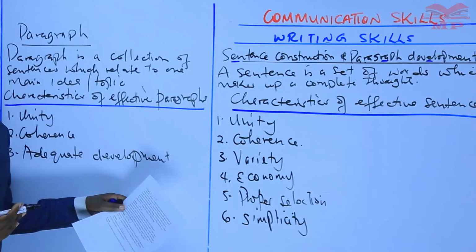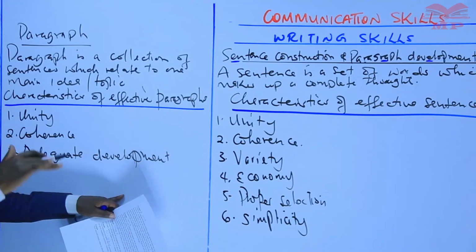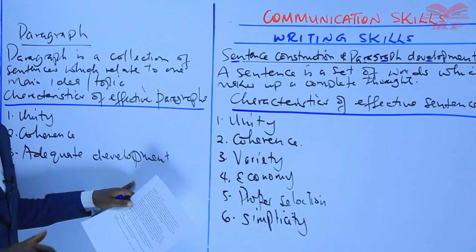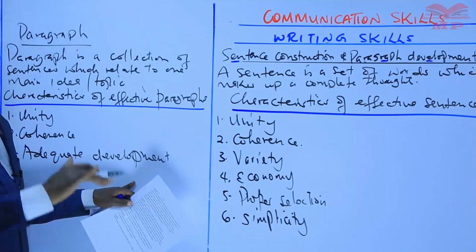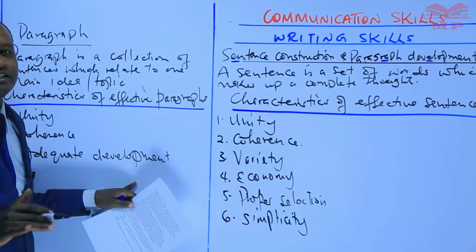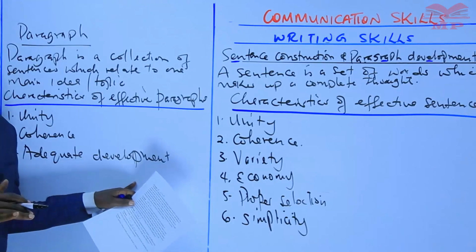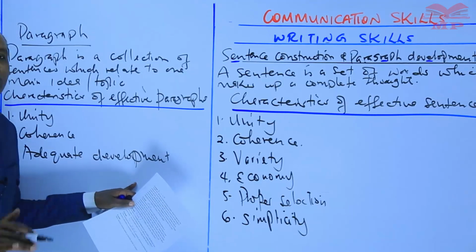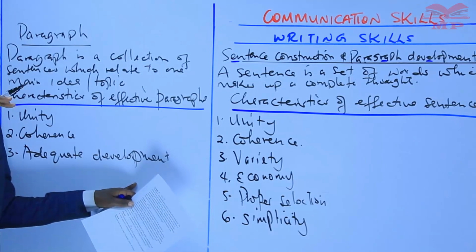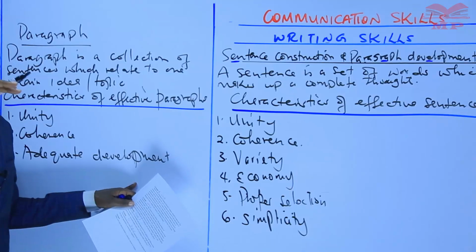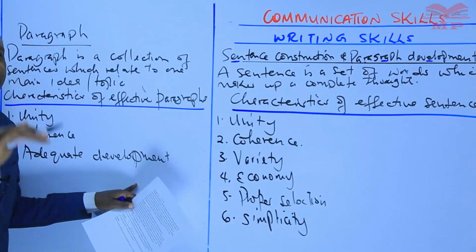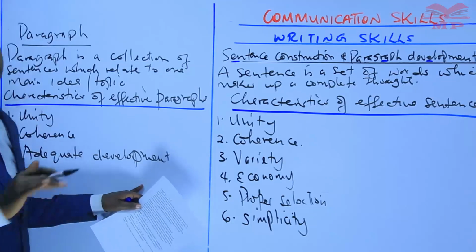Okay? A paragraph, I repeat, is adequately developed if it does what? If it describes and supports the topic sentence. And if the promise of the topic sentence is not fulfilled, or if the reader is left with questions after reading the paragraph, then the paragraph has not been adequately developed.